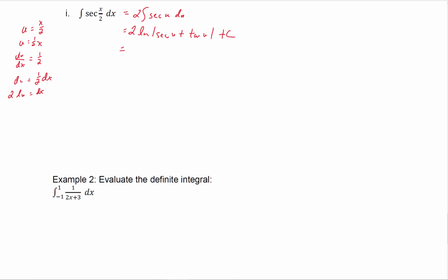And then do our back substitution. We start in x, so we need to end in x. So u was x over 2. So we end up with 2 natural log absolute value secant of x over 2 plus tangent of x over 2 plus c. And so now make sure that you go back and check.